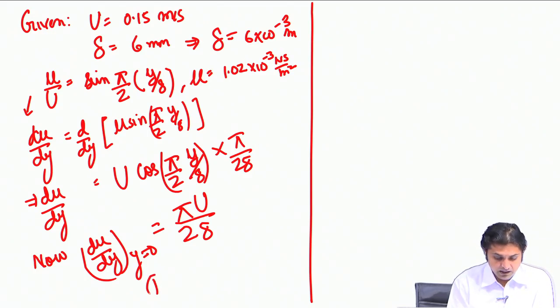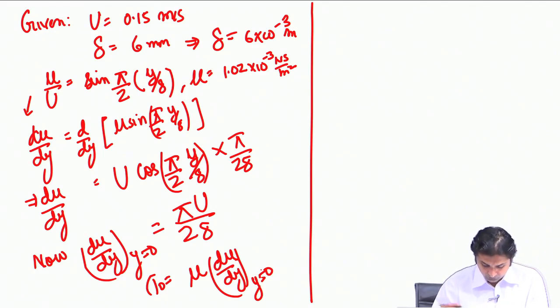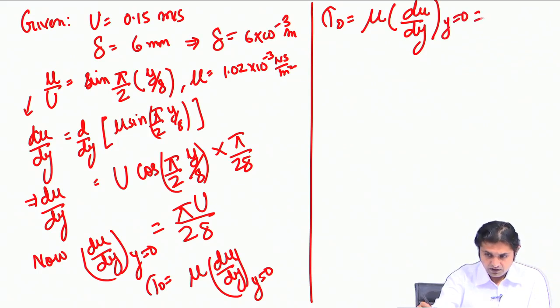And we know that tau naught is equal to mu du by dy at y is equal to 0. So, tau naught is going to be mu du by dy at y is equal to 0 again.